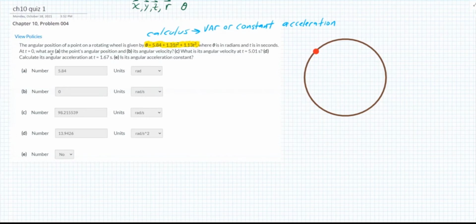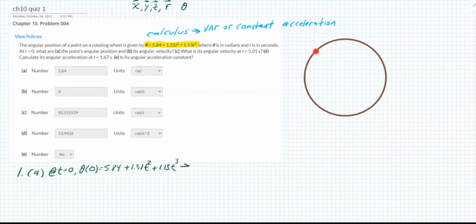And then our first question is, at t equals 0, where is this point? So let's do part A. Part A is plug and play. At t equals 0, theta of t equals 5.84 plus 1.31 t squared plus 1.13 t cubed.